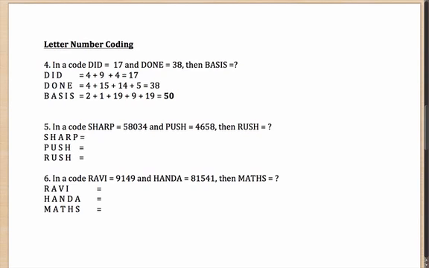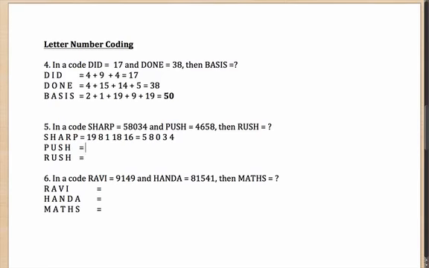Once again, let us look at what we have in case of sharp. So S is 19, H is 8, A is 1, R is 18, and P, how much is P? LMNOP, P is 16, which is becoming 58034.